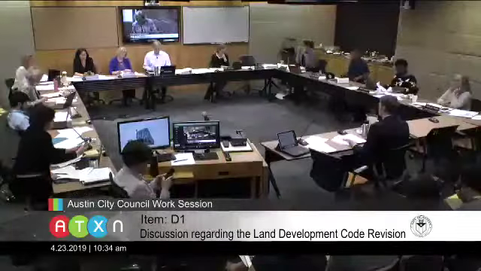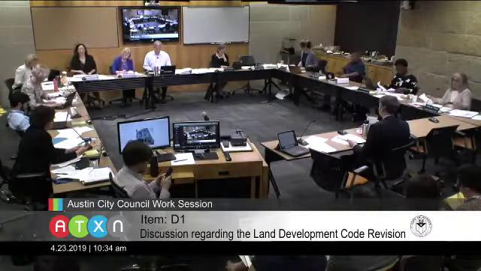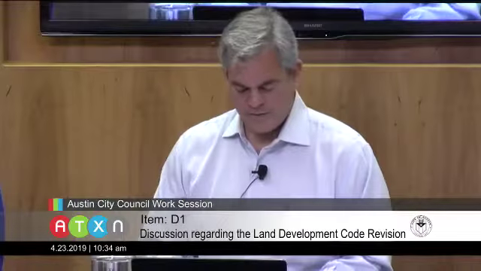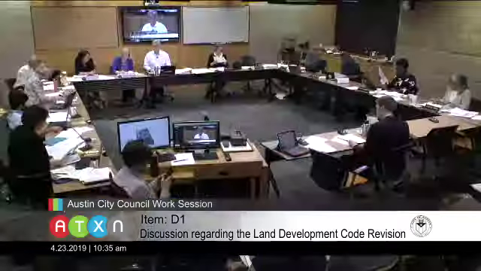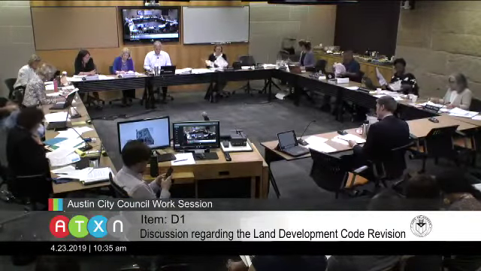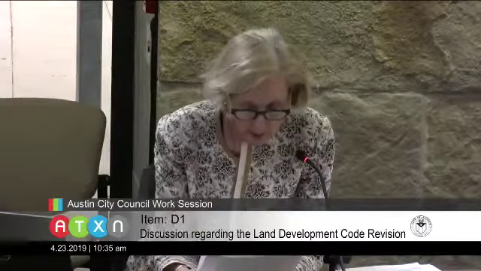Okay. Continuing on. Anything else in this section on code text that people want to raise? Ann? One other thing, and that's the F that I had suggested, and that's related to transportation demand management tools.